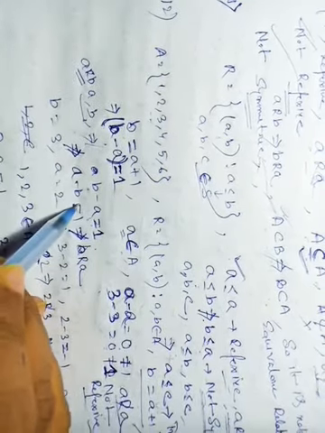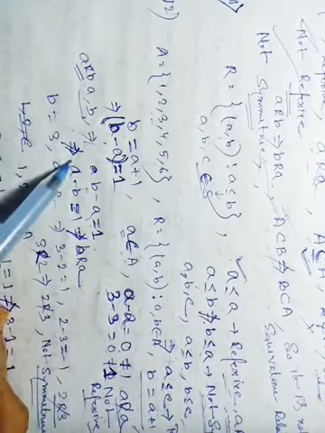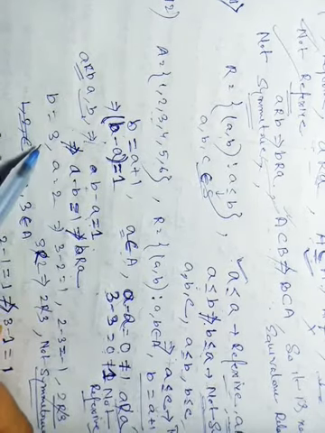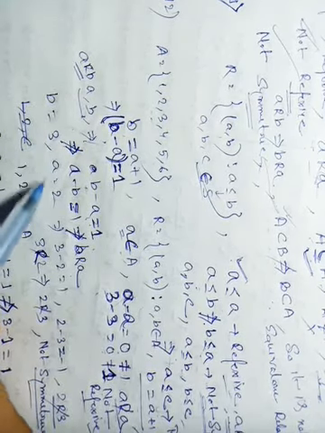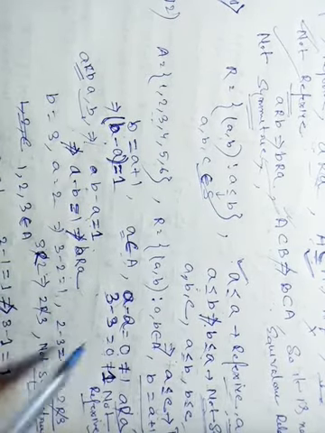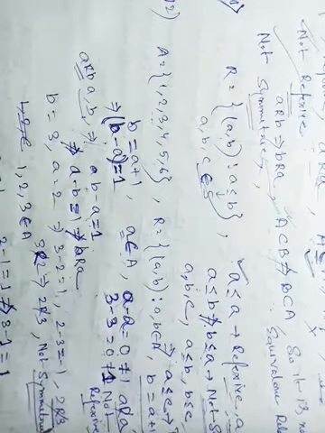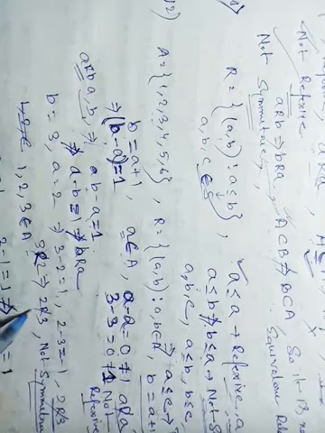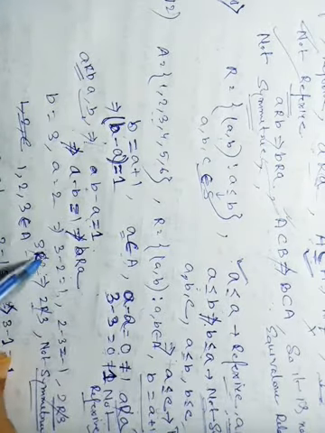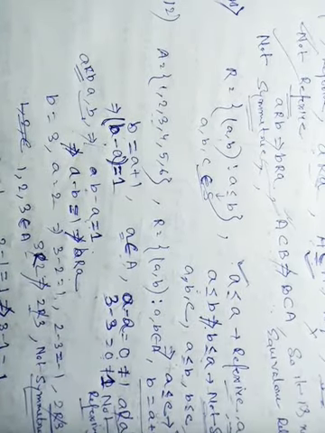So a related to b doesn't imply b related to a. Let us take some examples, 3 and 2. Now 3 minus 2 is equal to 1 and 2 minus 3 is equal to minus 1. So 3 related to 2 doesn't imply that 2 related to 3. So it is not symmetric.